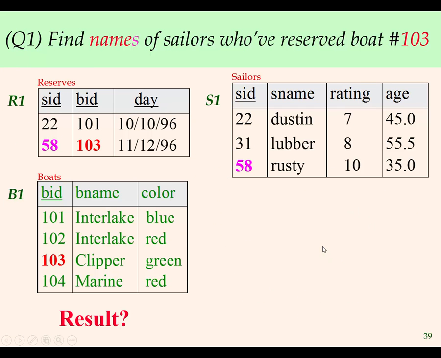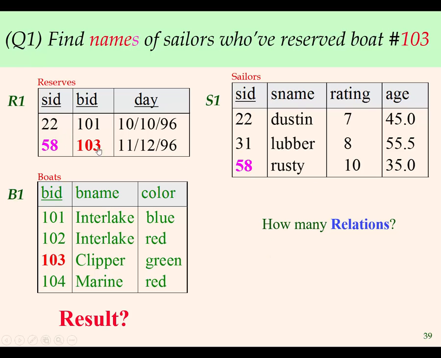Okay, let's apply our knowledge of SQL. Here's the query. Find the names of the sailors who have reserved boat 103. So manually, if you were to do that, you have to say how many attributes your output relation has, because you need that for the select. It's just one. You just want the name. Now, how many relations are involved to answer the from?